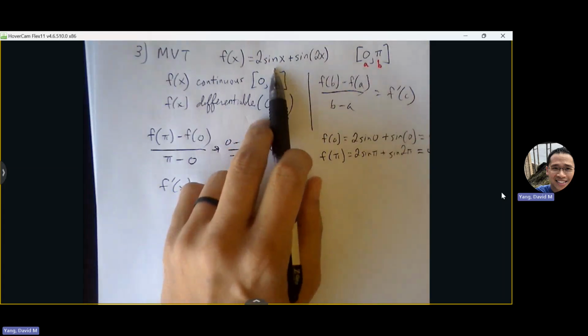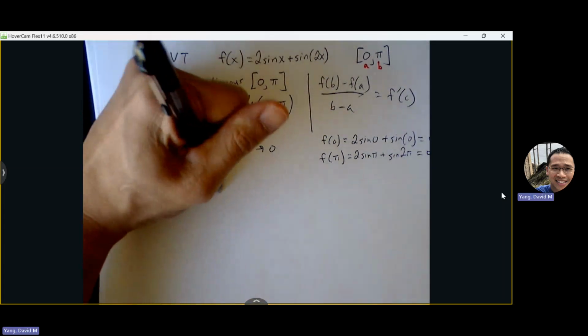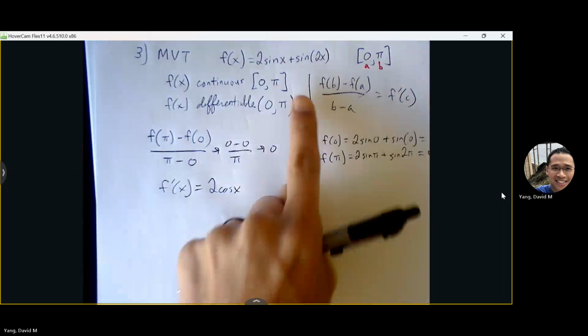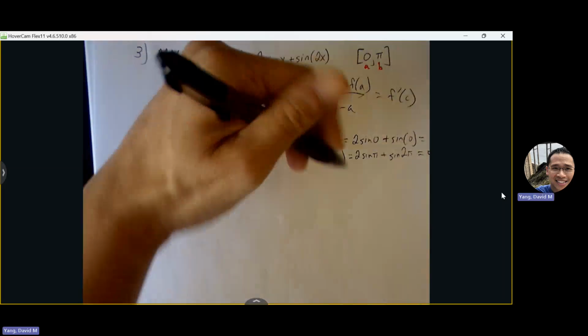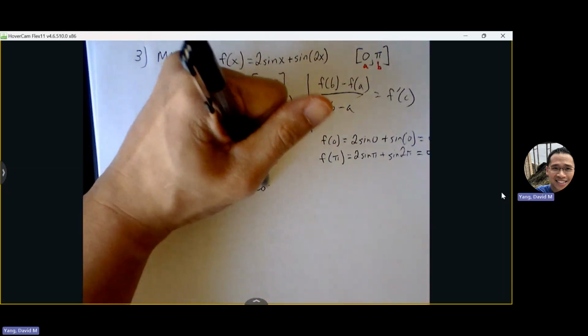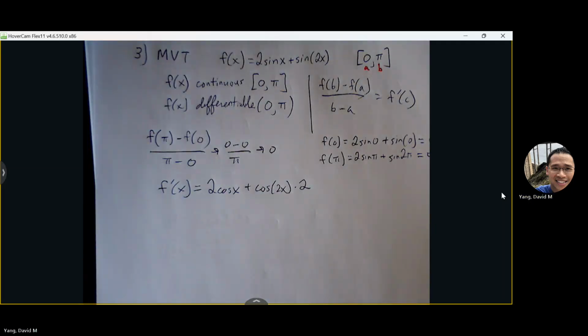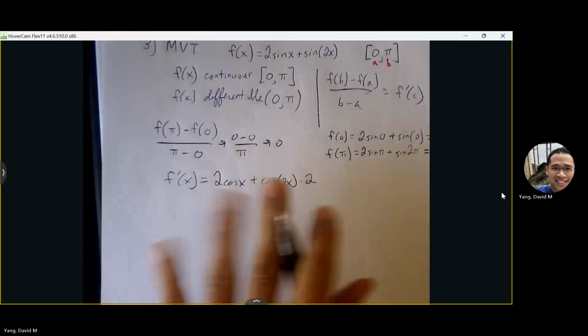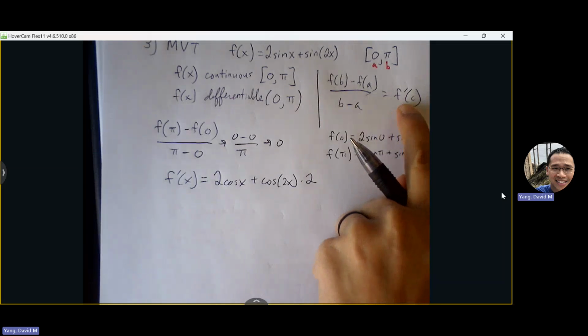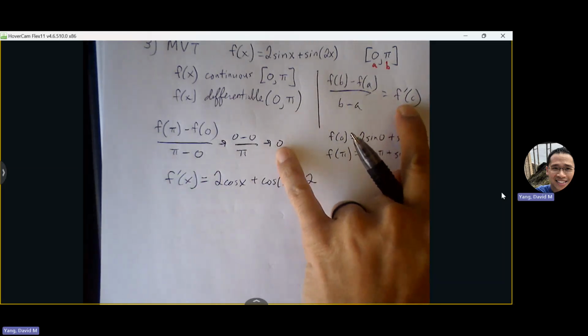So f prime, 2 sine becomes 2 cosine. Sine of u becomes cosine of u times u prime. Okay, so we have our derivative and we have our target slope.